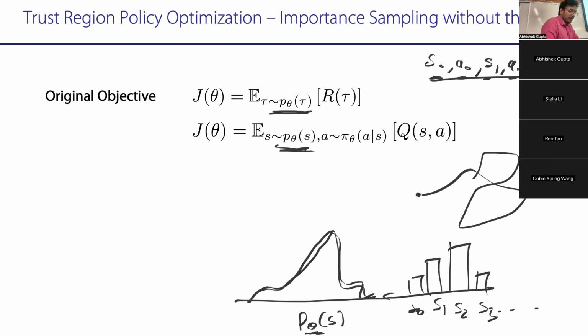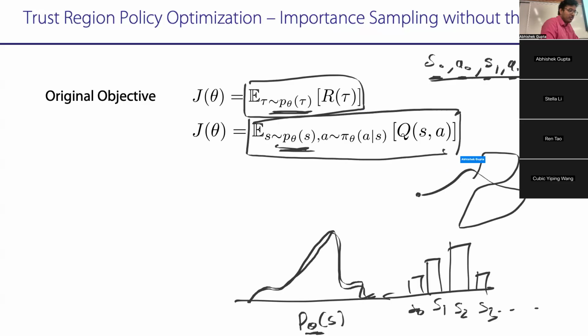And so you can rewrite this objective under the stationary distribution type objective, which says the return you're going to get is: sample the states according to the stationary distribution, and sample the actions according to your policy. So this is the likelihood that you got to a particular state and action when you ran your policy pi theta in the world. Then you can take a Q value, or the sum of rewards in the infinite horizon from there.